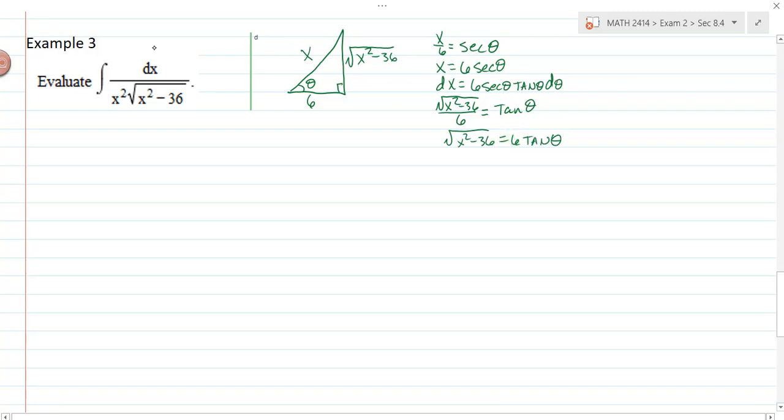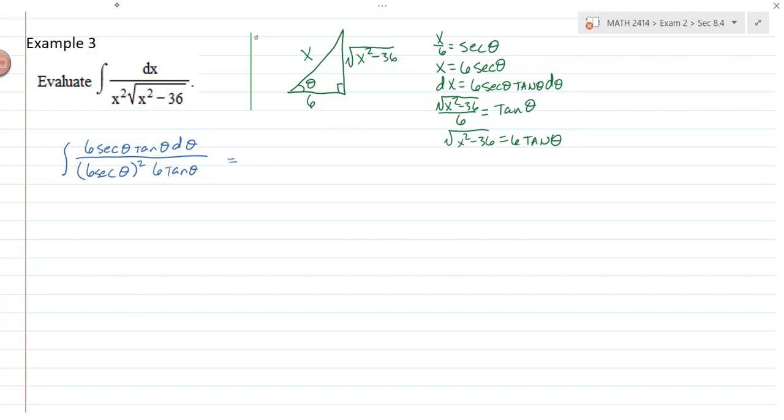So now it's just a matter of rewriting this problem. So I have the integral of, in place of dx, I'm going to plug in 6 secant theta tangent theta d theta. In place of x, I'm going to plug in 6 secant theta. Now that x is squared, so that means I've got to square this expression as well. And then in place of the radical, I'm going to plug in 6 tan theta.